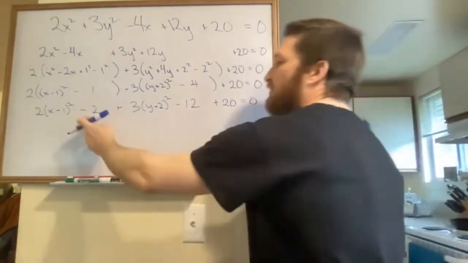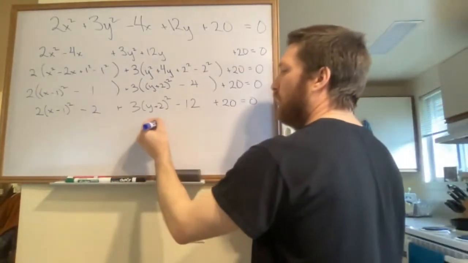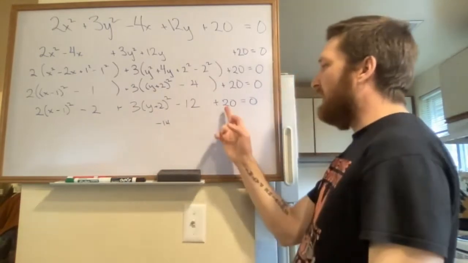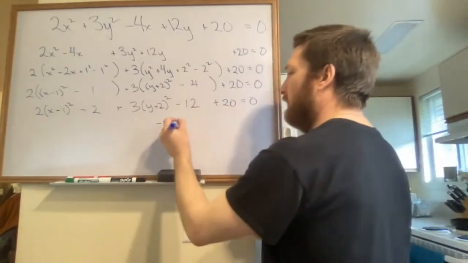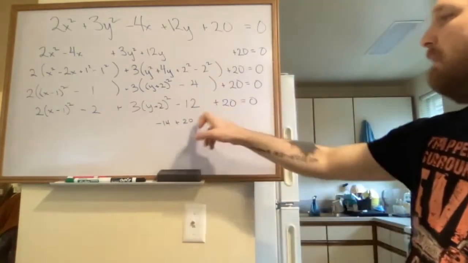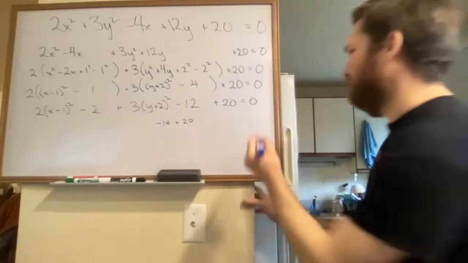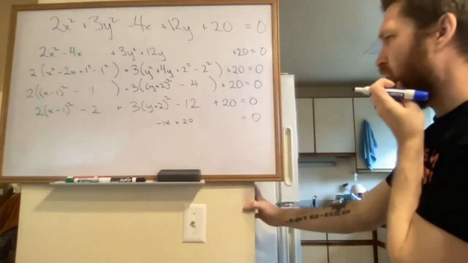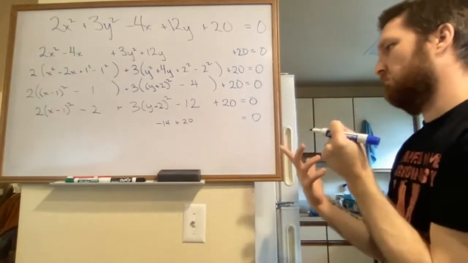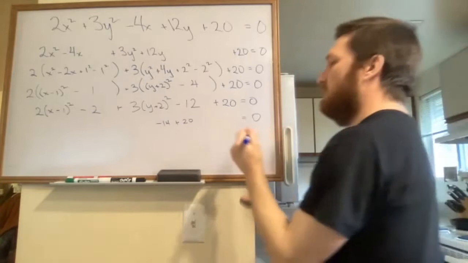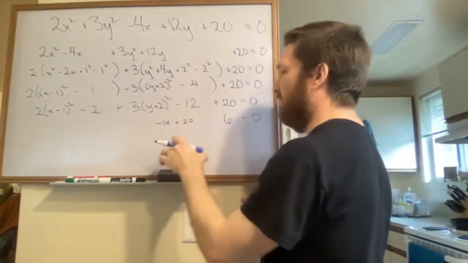I have a minus 2 and a minus 12 for a total of minus 14. Now I have a plus 20 right there. So plus 20. 20 minus 14 is what? Six. Yeah, so we should have a positive 6 left over.